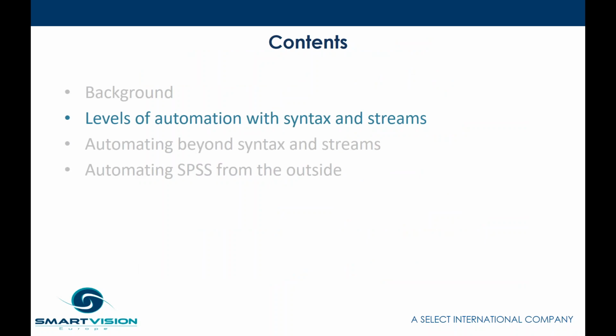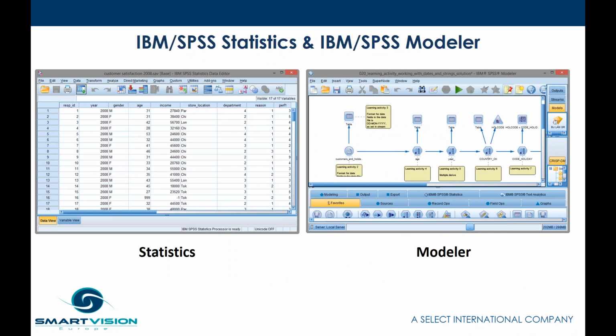So let's talk about the different levels of automation, and let's begin at the first level, which is different depending on whether you're using SPSS Statistics, which is shown on the left, or SPSS Modeler, which is shown on the right. As you see already, I'm sure many of you will be using one or both of these. They have very different interfaces in style.